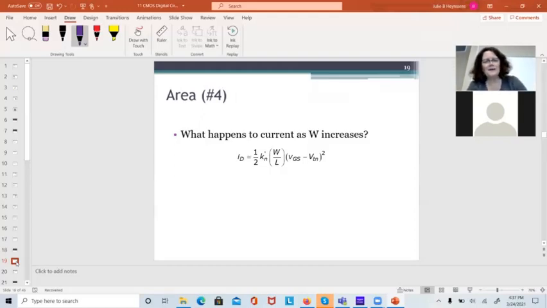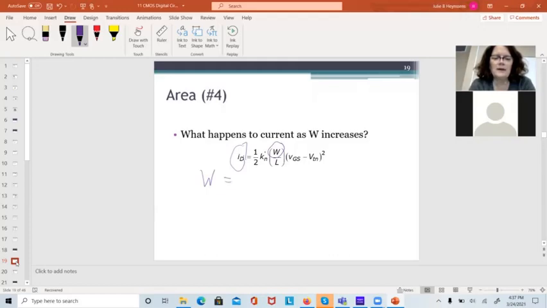Okay, we want to think about this. What happens to current as W increases? This is the saturation current equation, but for all the current equations, including triode, if W increases, ID increases too. So what does W do for me?